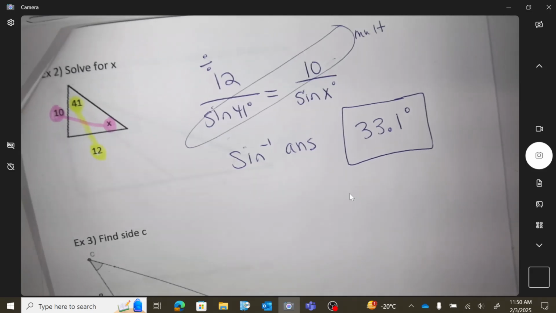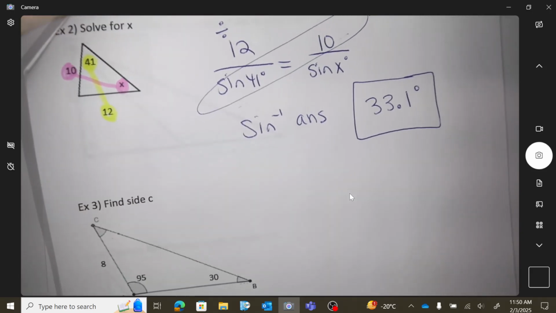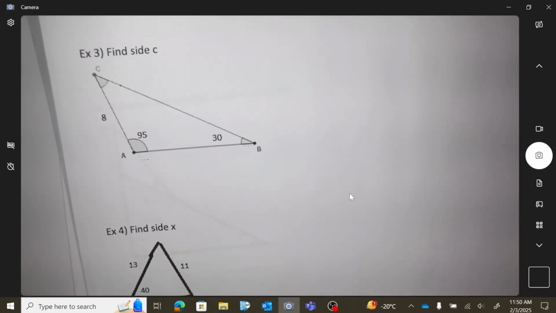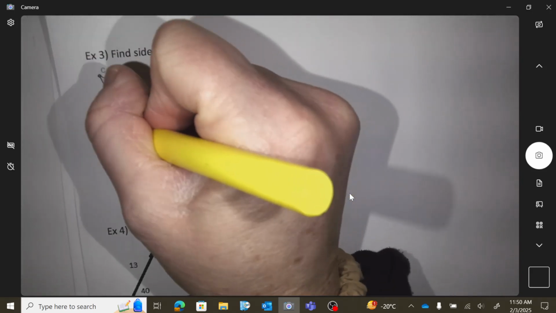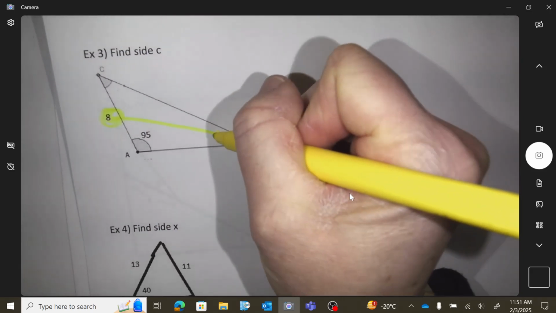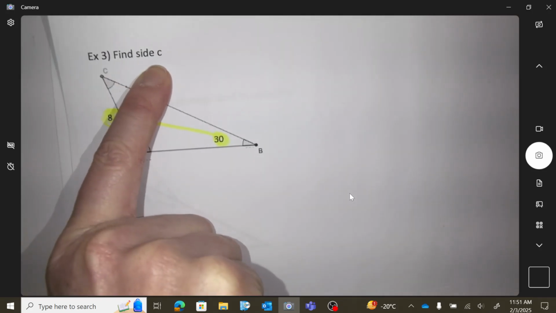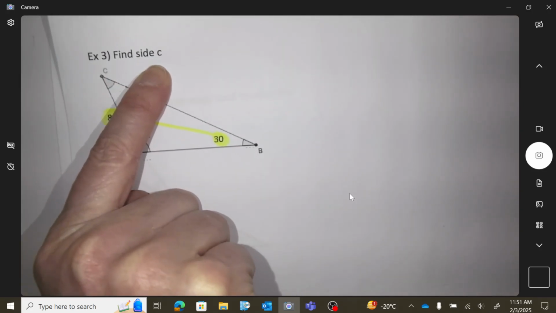So this is the last question of the day. Okay, I'm going to find pairs. So I have one pair. I can see 8 and 30 degrees is a pair. Now, I have a problem because this question says to figure out the side c.